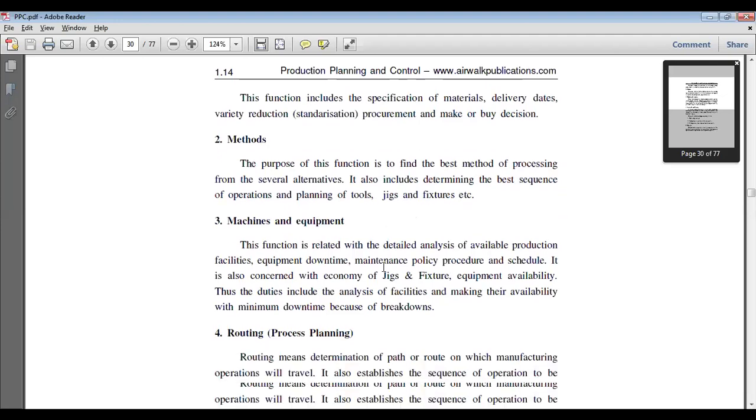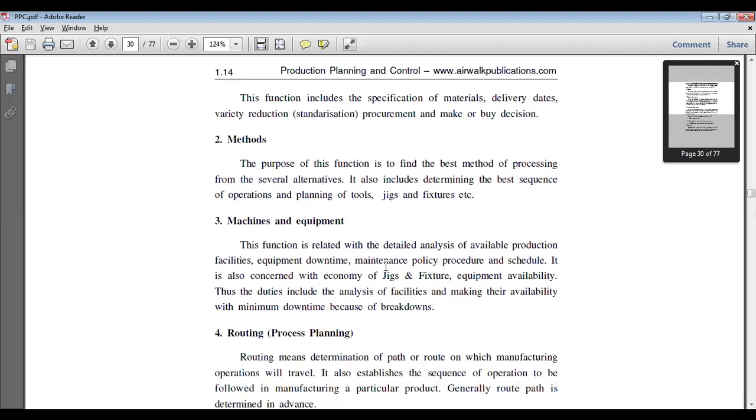Then machine and equipment. We have earlier talked about the machines and equipments. All the machines in our manufacturing facility should be involved, and all the workers should be involved. If our machines are lying idle, and wrong machines are used, we produce less quality product, and at the same time it also reduces productivity.